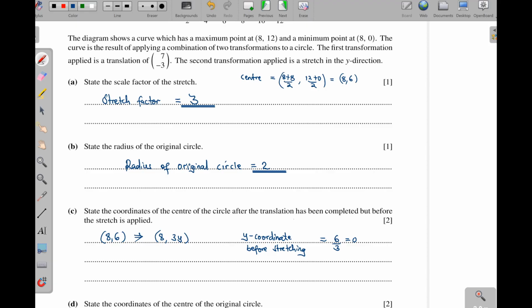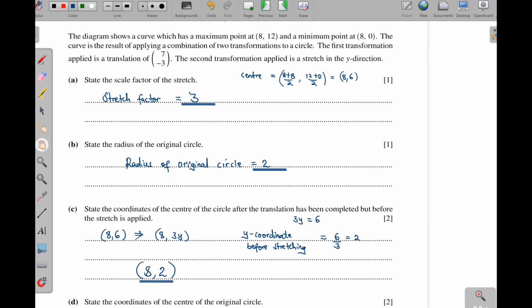In other words, you have 3y, which is equal to 6, not so? So, how did I write a 0 here? Oh my God, pardon me. So, 3y is equal to the 6 that we are seeing here. So, meaning the y coordinate before the stretching is 2. So, that means the center of the circle before the stretching is 8, 2.